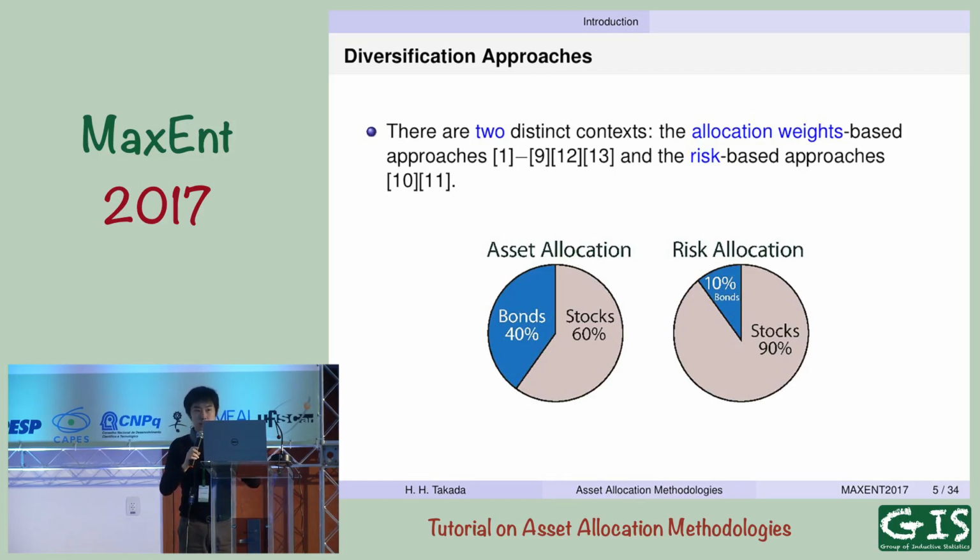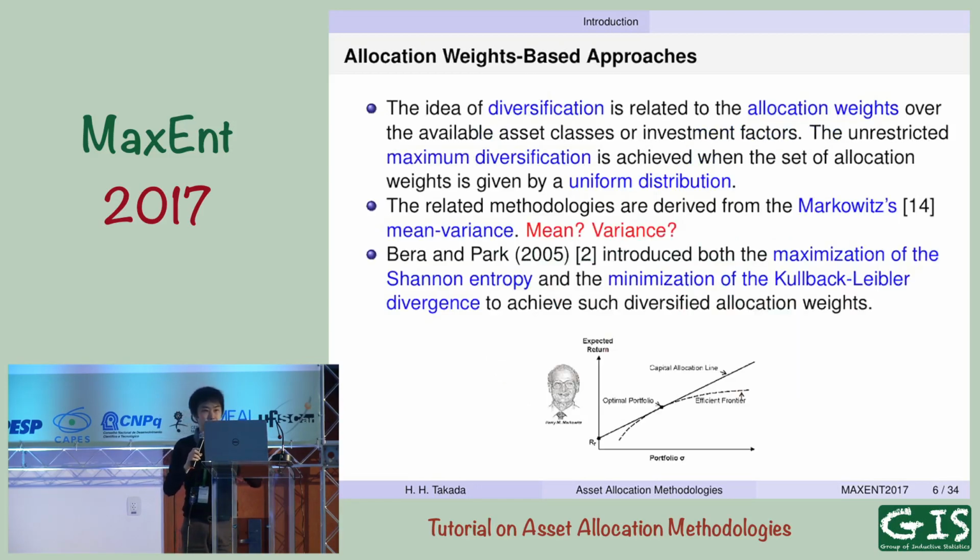So one idea is to diversify in terms of risk. And so there are asset allocations based on weights or quantities, as we used during all the slides I explained. And the other approach is to think about risk contribution.